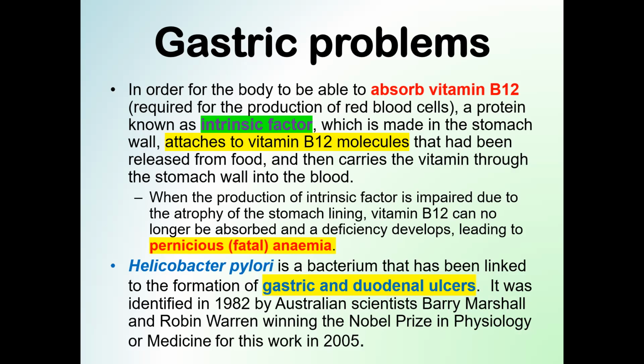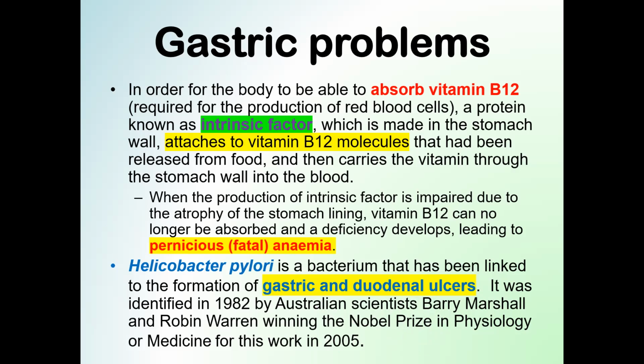And back in 1982, which seems a long time ago, it was discovered that the Helicobacter pylori has been linked to these ulcers. And that was identified by two Australian scientists, Barry Marshall and Robin Warren, and they actually got the Nobel Prize in Physiology. Well, it's called Physiology or Medicine. That's what the Nobel Prize is, in 2005.